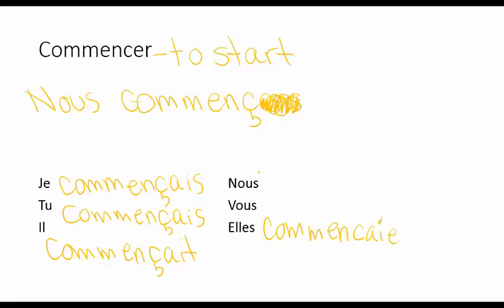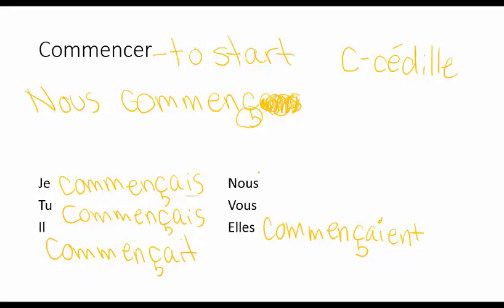Alrighty, now you might notice a little trend here with our C cédille. That's what we call that accent. In English it's a cedilla, so city sounds a lot more proper. So we keep it whenever there's an A sound.